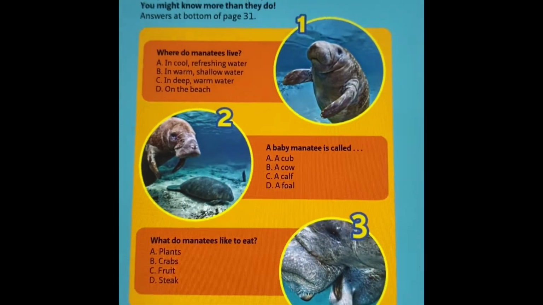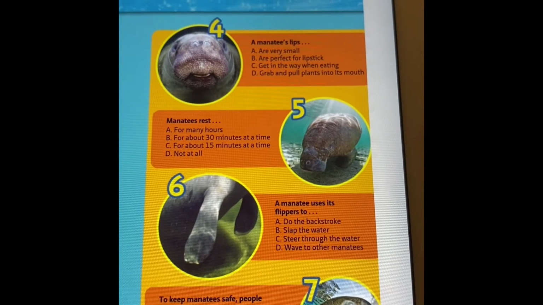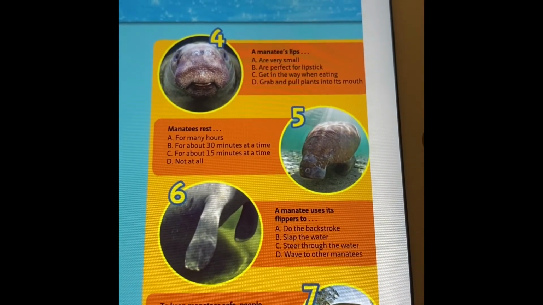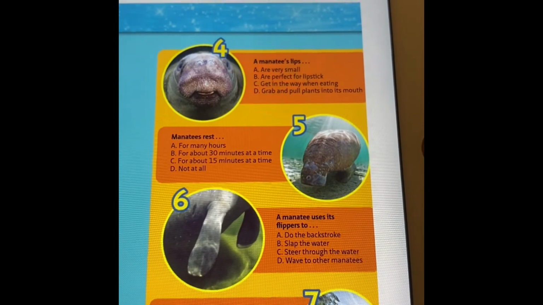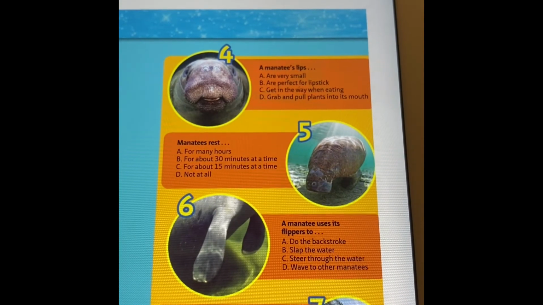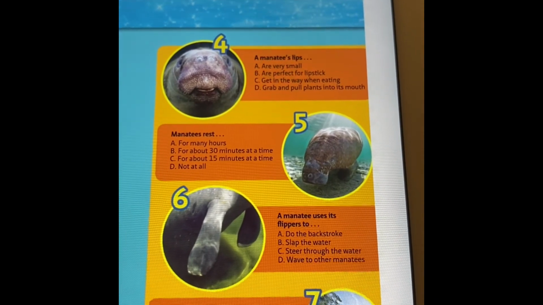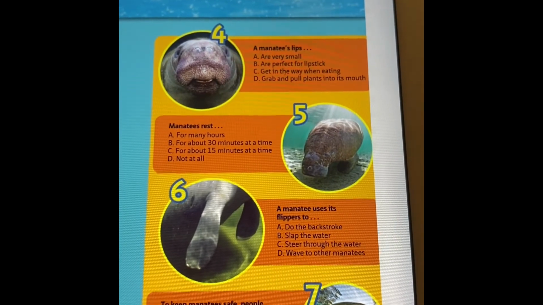Manatees like to eat plants. A manatee's lips grab and pull plants into its mouth. Manatees rest for about 15 minutes at a time. A manatee uses its flippers to steer through the water.